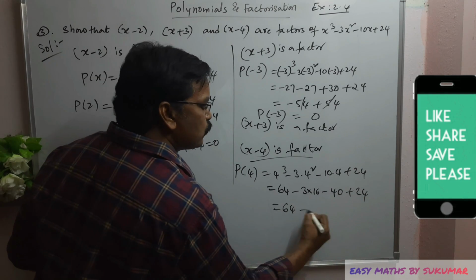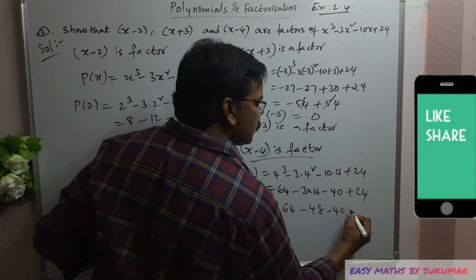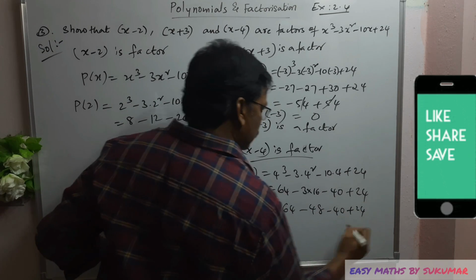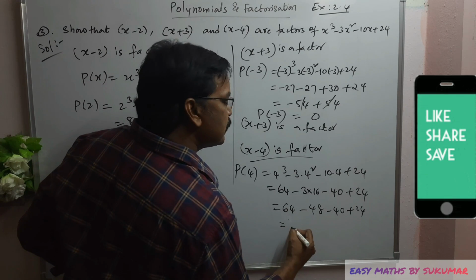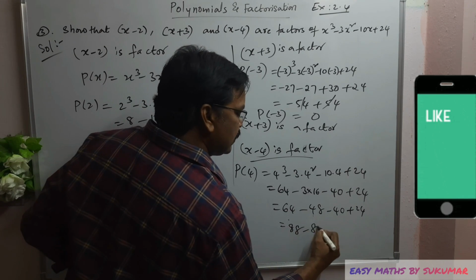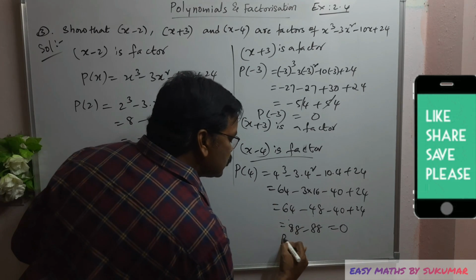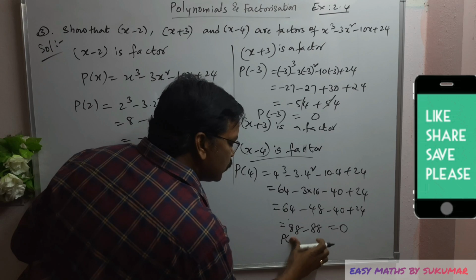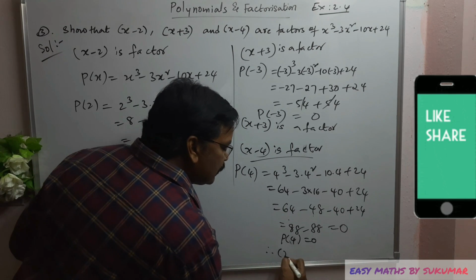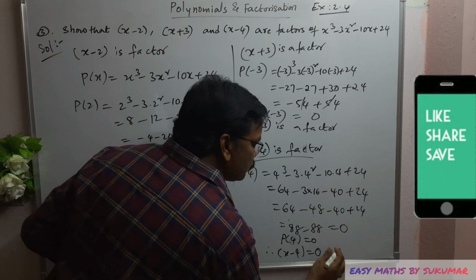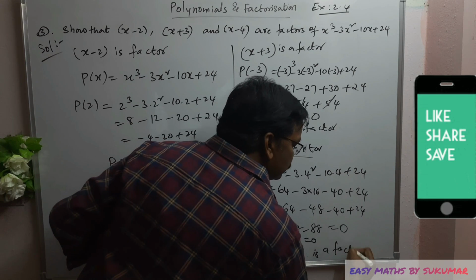So this is 64, 3 sixteens are 48, minus 40 plus 24. 64 plus 24 is 88. This is also 88. 88 minus 88 is 0. So P of 4 is equal to 0. My dear students, are you here? That means x minus 4 is a factor.